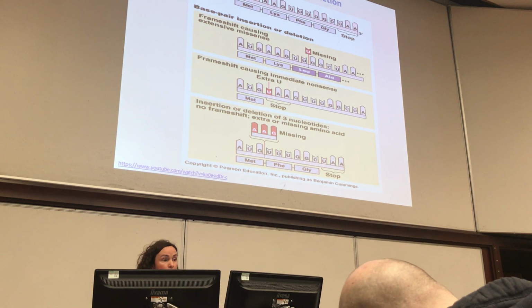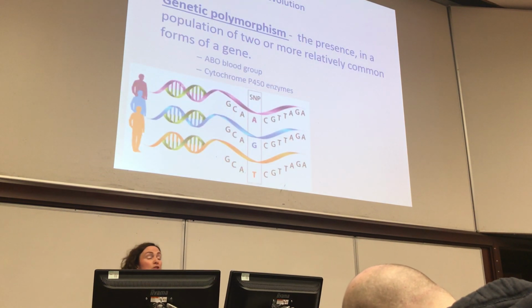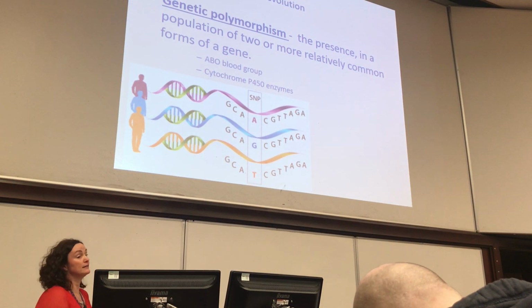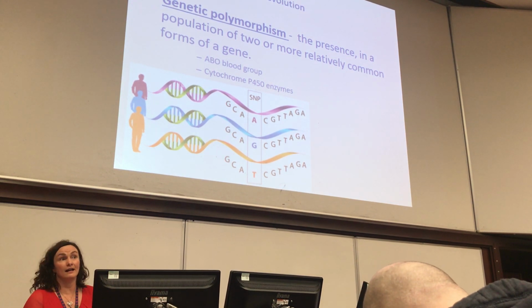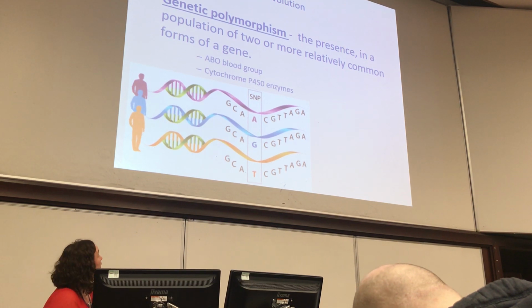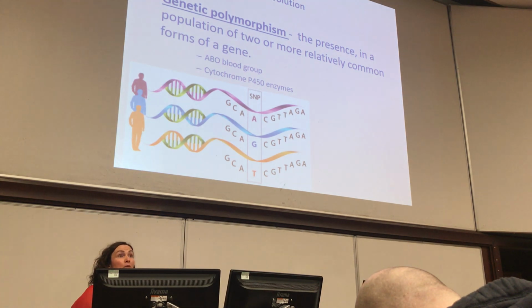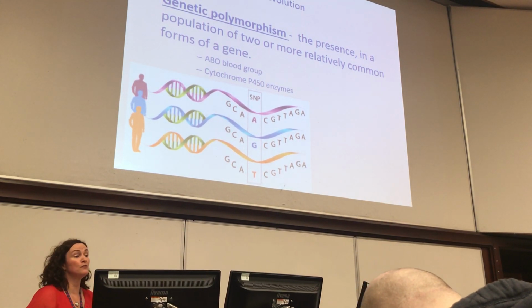But as the little cartoon said as well, mutations are not always bad. Mutations give rise to variation, and as we know, variation drives evolution. And in populations, we have what's called polymorphisms.